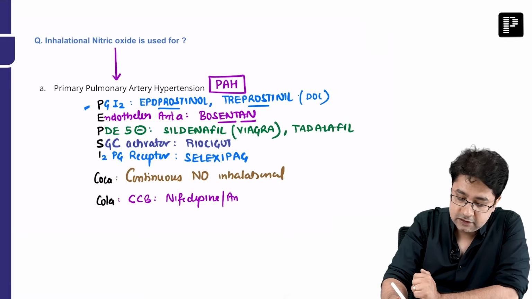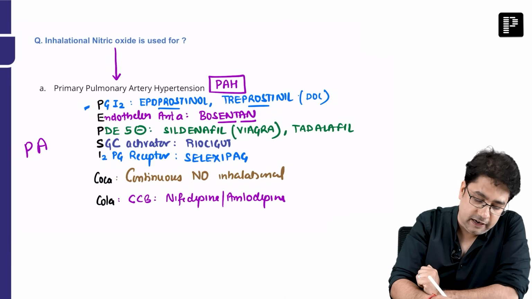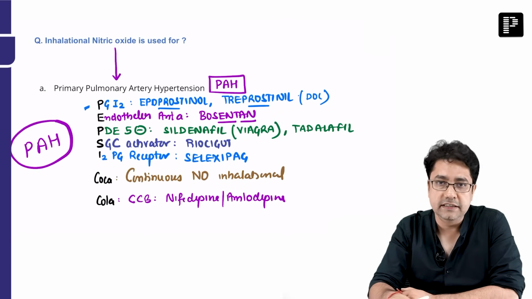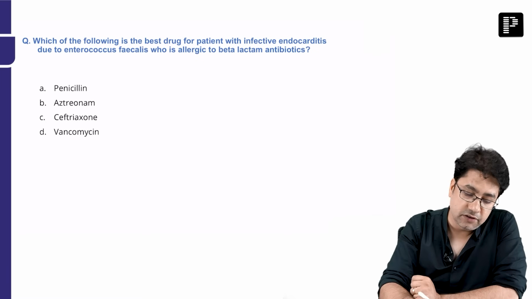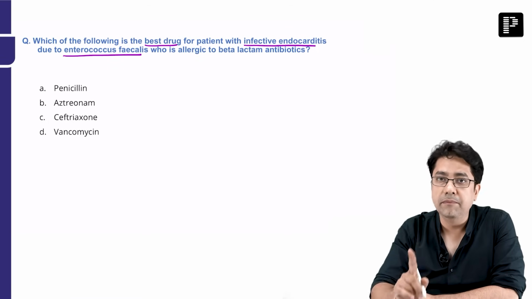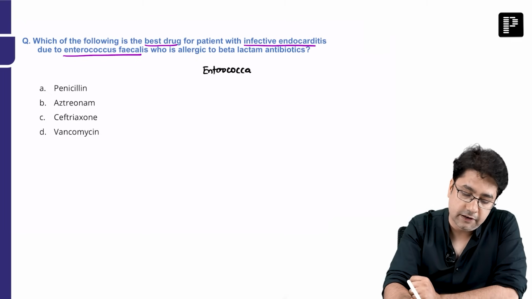So these are the drugs which are given for the treatment of pulmonary artery hypertension. Okay. Now the next question which was asked is, which of the following is the best drug for the treatment of infective endocarditis due to Enterococcus faecalis? Now remember here, faecalis is written. So Enterococcus faecalis, let me tell you the treatment.